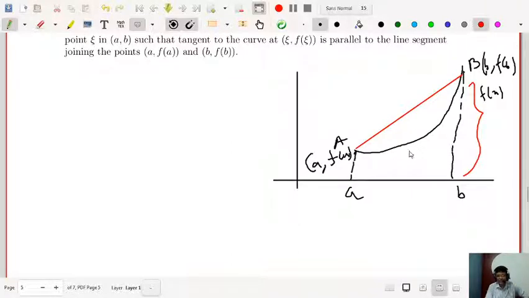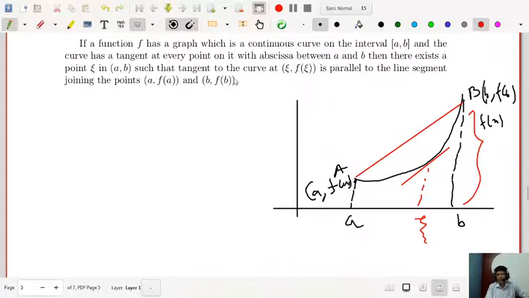Then there exists at least one point xi, this is the point xi, where the tangent to the curve is parallel to the line segment joining (a, f(a)) and (b, f(b)).